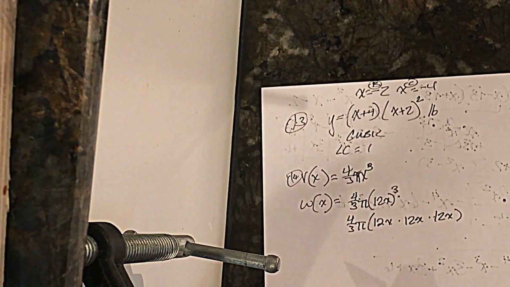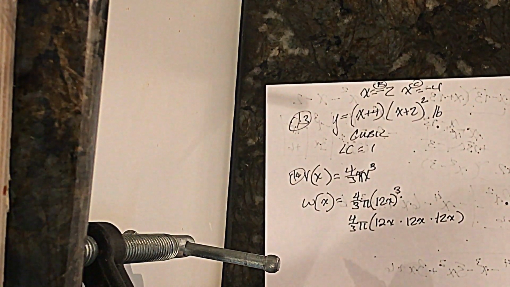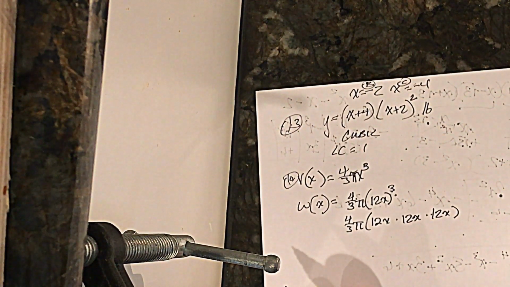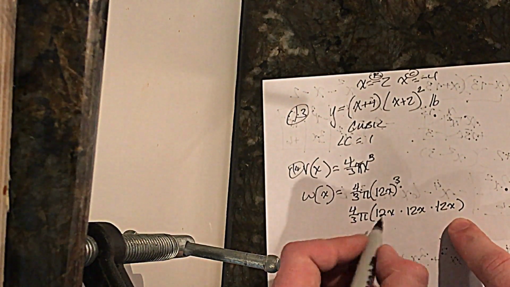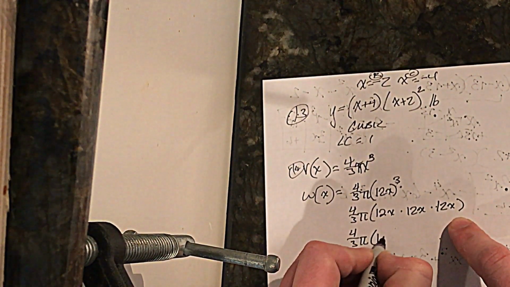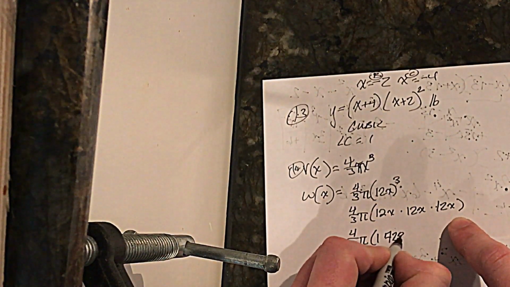There's my 12x cubed. Alright, so we're going to have 12 times 12 times 12, which is going to equal 1,728.